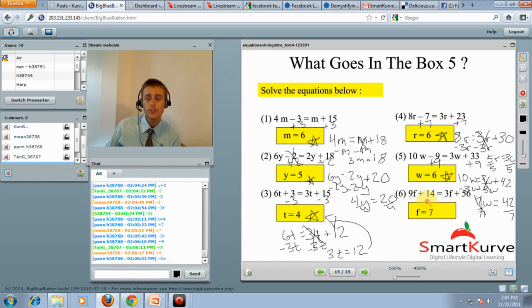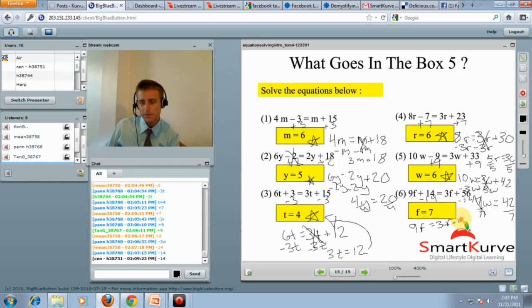What is the first thing we're going to do in number 6? Correct. Subtract 14 from each side. 9f equals 3f plus 56 minus 14 equals 42.